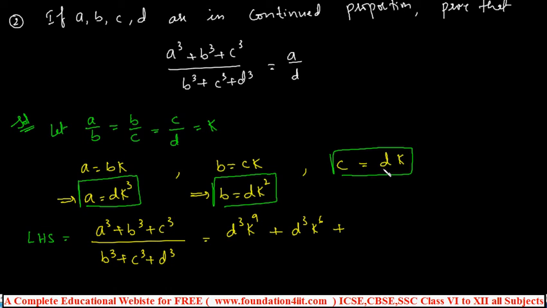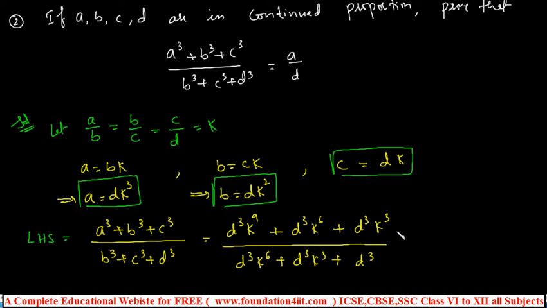Plus C cube, C is D into K, so C cube is D cube and K cube. This is for the numerator, and the denominator is again B cube, same. So D cube K power 6 plus D cube K cube plus D cube as it is. So we are converting everything into the last letter, that is D.